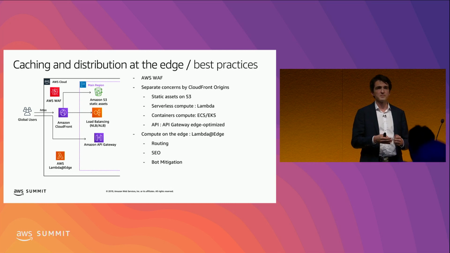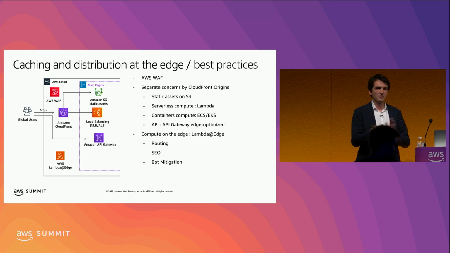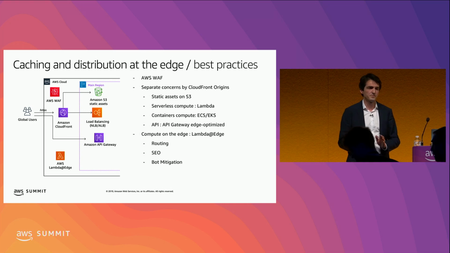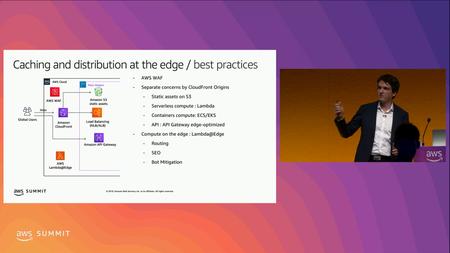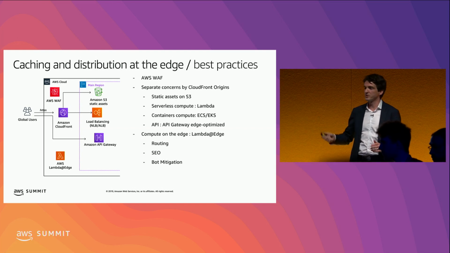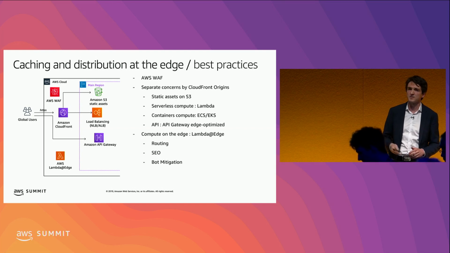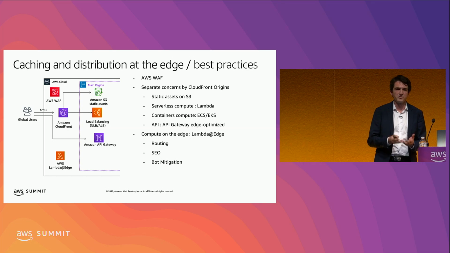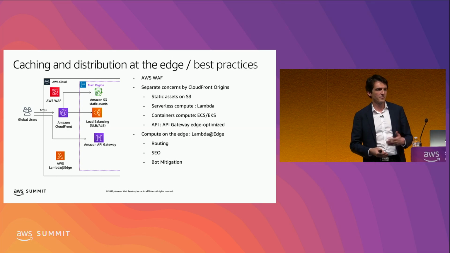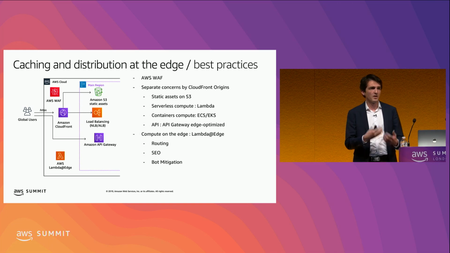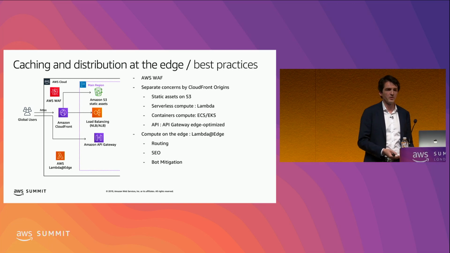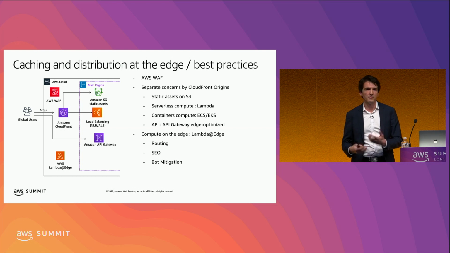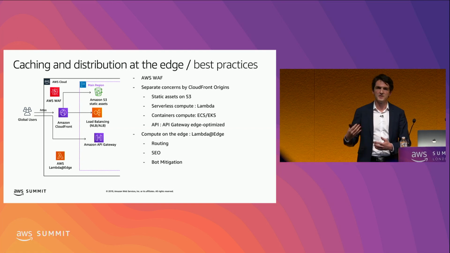Using behaviors, you can route your customers to different parts of the application, serving the right tool for the right job. If you have static assets, they're served by S3. If you have serverless compute, it's served by Lambda for short-term API calls, and you can also run your container application for low latency.